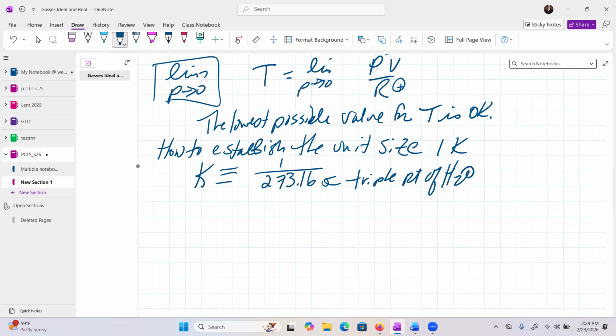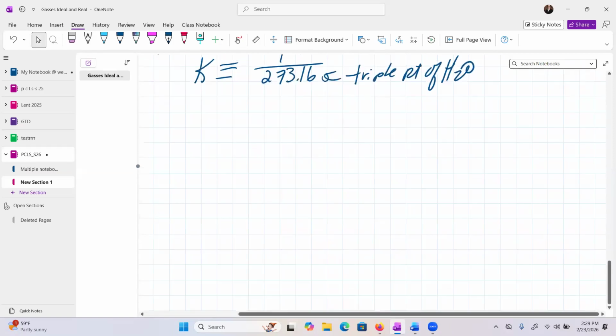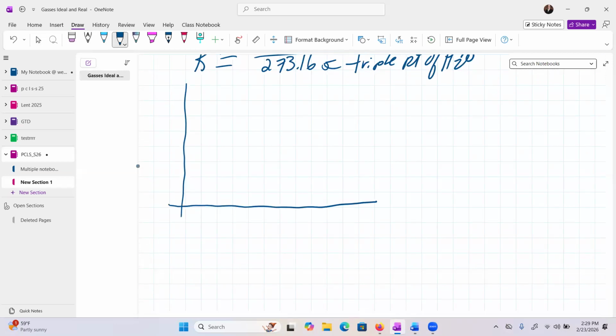All right, the next thing we can show is more evidence that the absolute zero value is in fact 0. I'm going to copy a figure for you. Let's see if I can enjoy my beautiful artistry here. We have the x-axis over here and the y-axis over here.